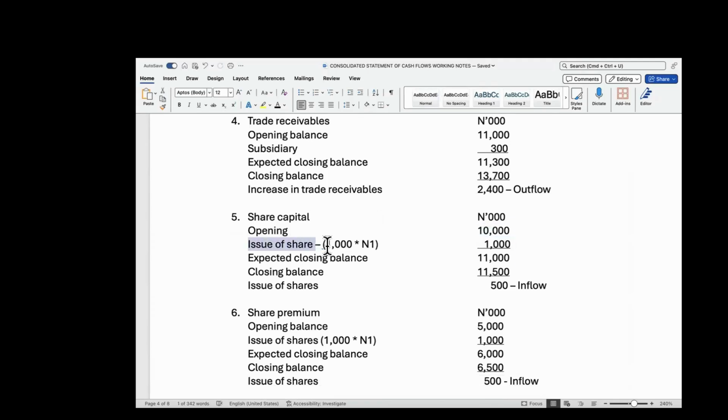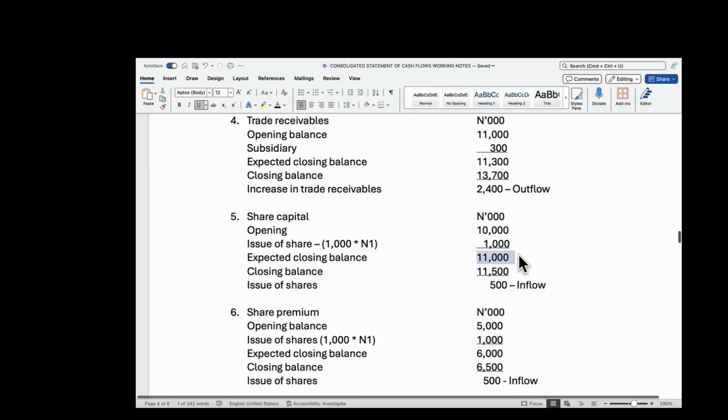The issue of shares is 1 million shares times 1 naira, which is the nominal value, because anything that goes to share capital has to be a nominal value. So that's why this is 1 million.